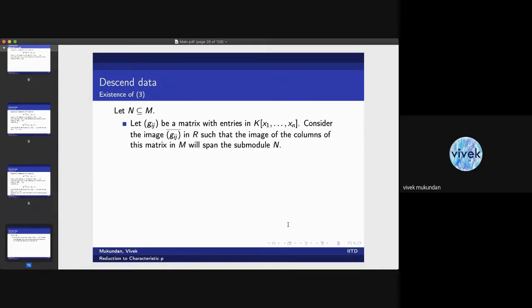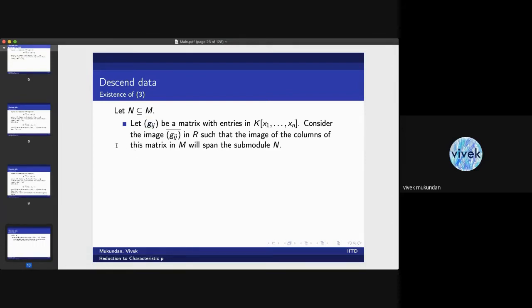So let Gij be the matrix with entries in K adjoin X1 up to Xn. Consider the image in R such that the image of the columns of this matrix in M will span this submodule N. N is a submodule of M. Look at the generating set of N. They will be represented as columns. These columns will have entries which are actually images of the Gij.